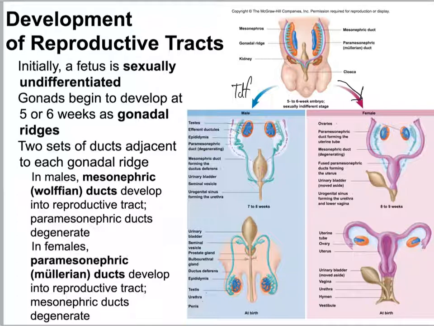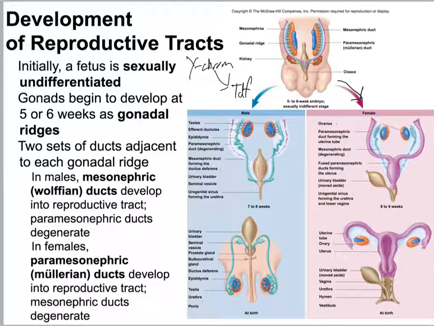Testes determining factor is found on the Y chromosome. There are other genes on the Y chromosome, but this is the main one. This is the one that if you have it, you develop typically male. Again, there are a few complications to that.